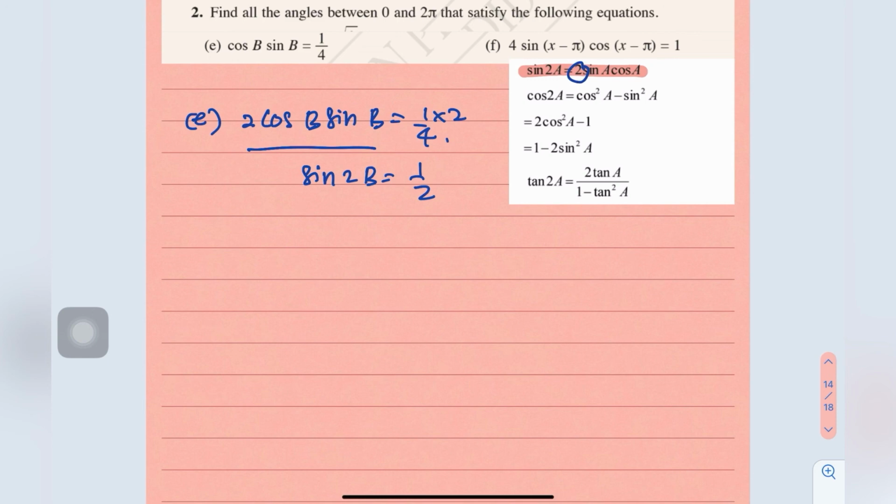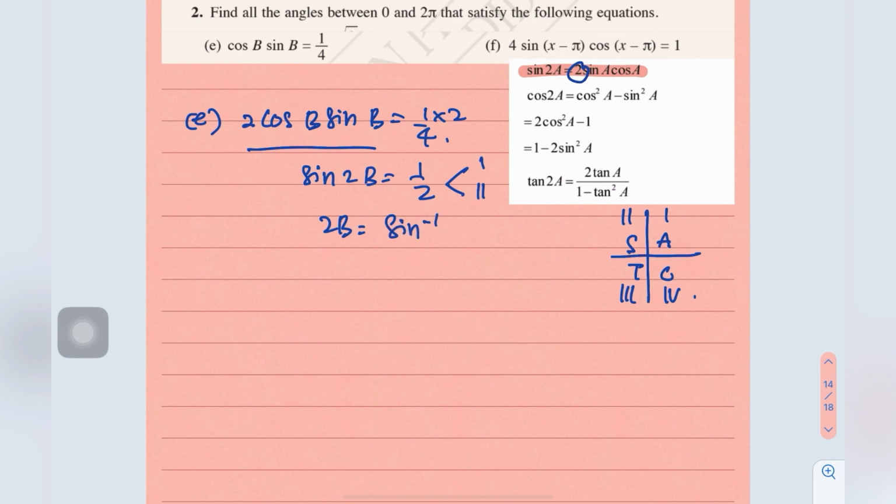Sine is positive in quadrant 1 and quadrant 2, using add sugar to coffee, quadrants 1, 2, 3, and 4. So 2b equals inverse sine of 1 over 2, which equals 30 in quadrant 1. In quadrant 2, 180 minus 30, which is 150.